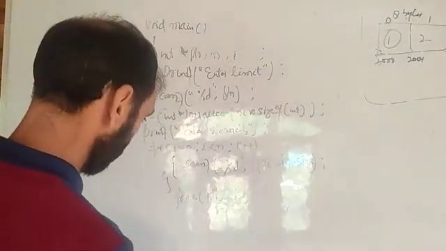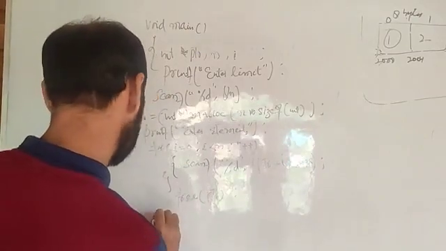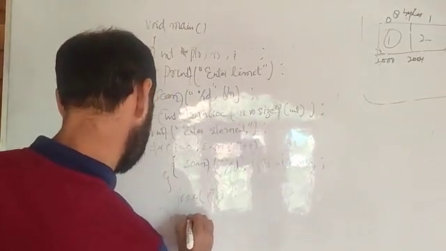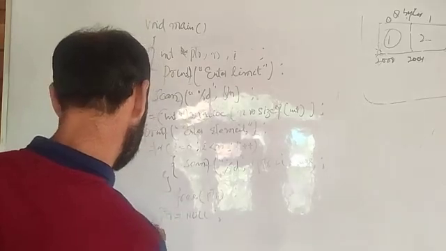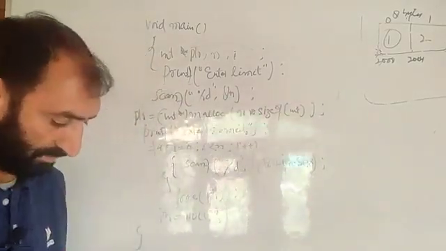Then free ptr, and ptr equal to null. That is it.